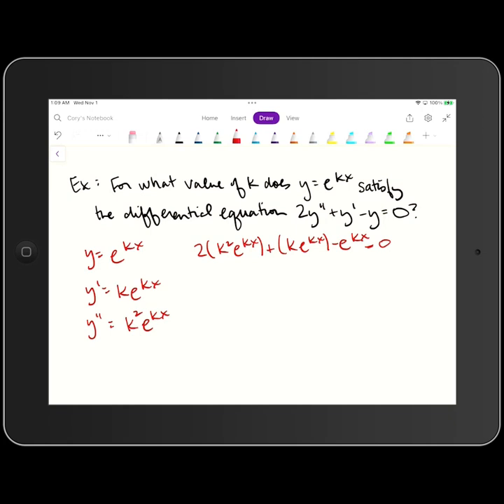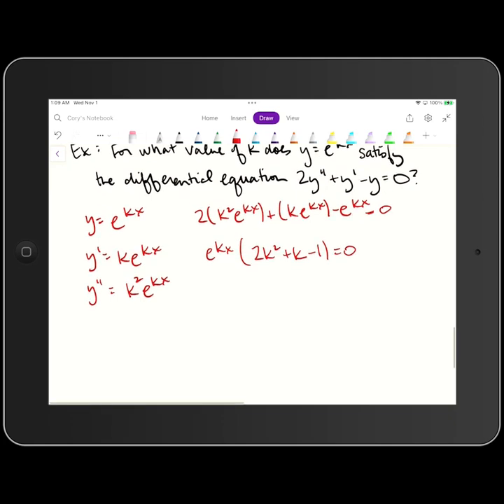When we look at that, it's an exponential equation, but it's in a quadratic form. So we're going to factor out e raised to the kx power. And when we do so, that gives us 2k squared plus k minus 1, and that product has to be equal to 0.